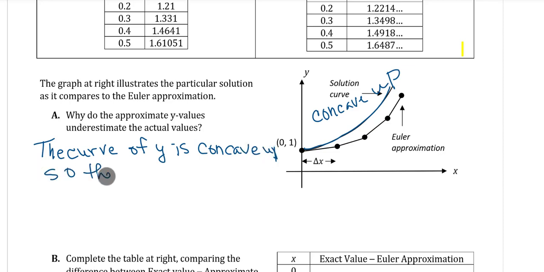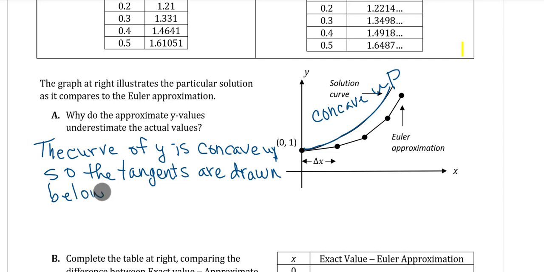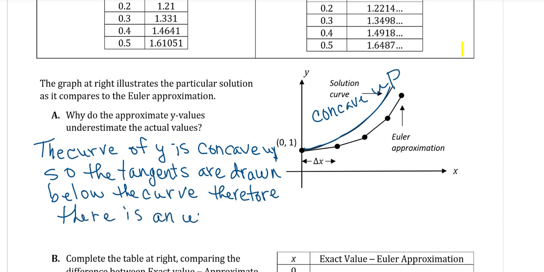So the tangent lines are drawn below the curve. Therefore, there is an underestimate. Okay, so something along those lines if you're answering a question like this.